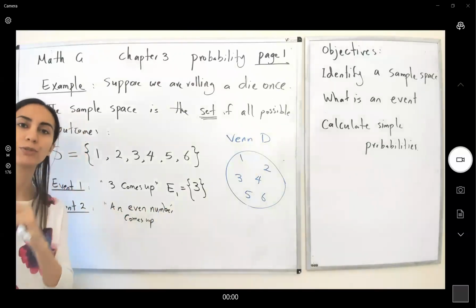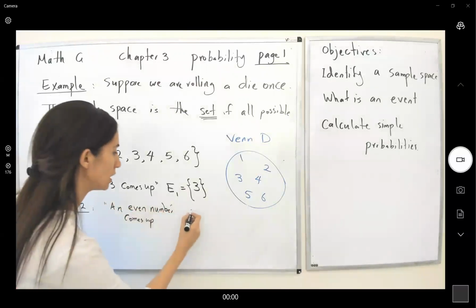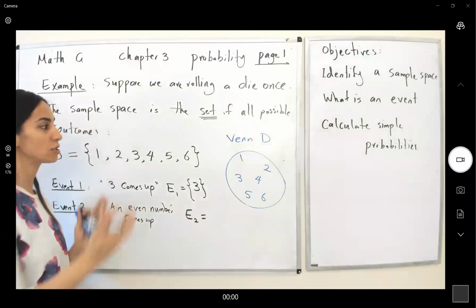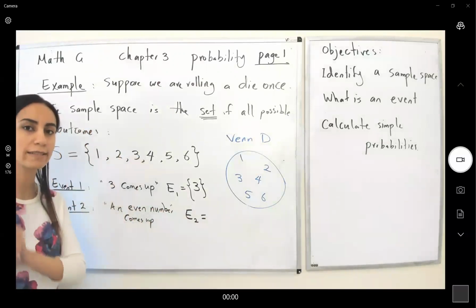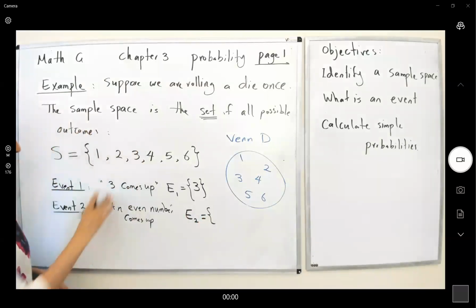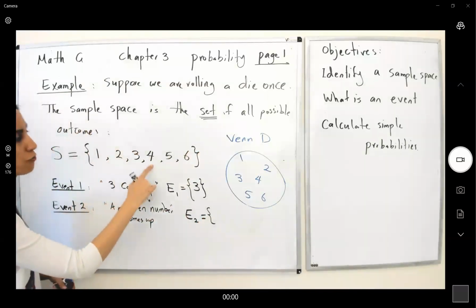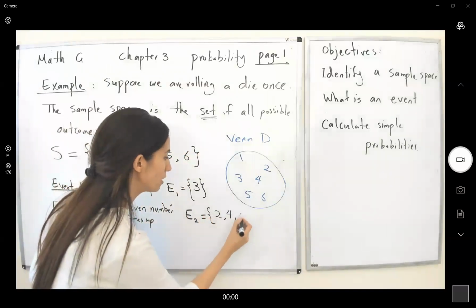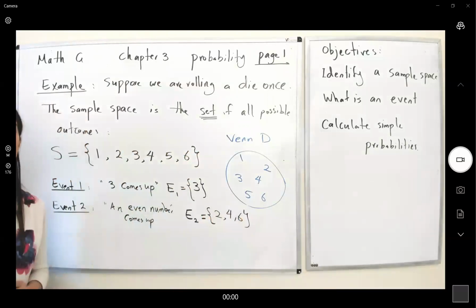So let me use index 2, E sub 2. And since an event is a subset, I'm going to use set notation. Very well. Even numbers in this collection, 2, 4, 6. So 2, 4, 6. This is my second event.